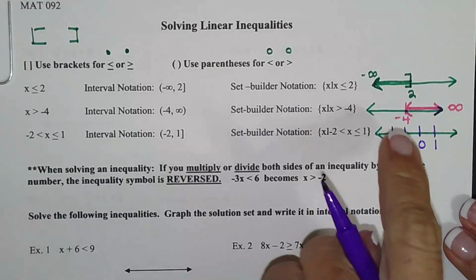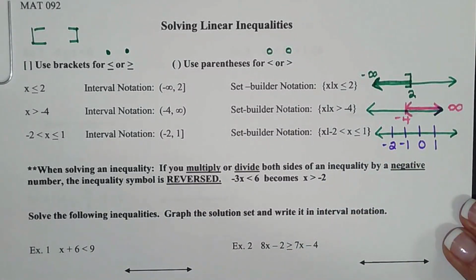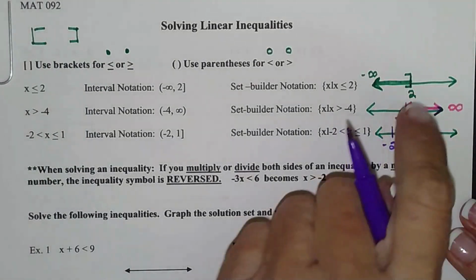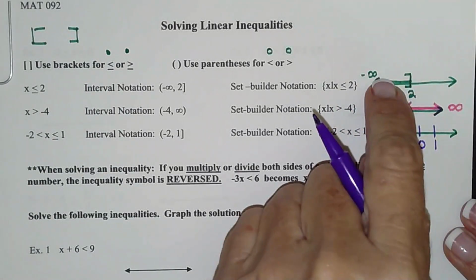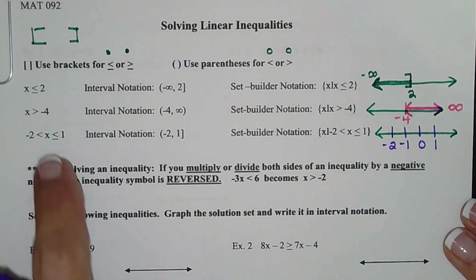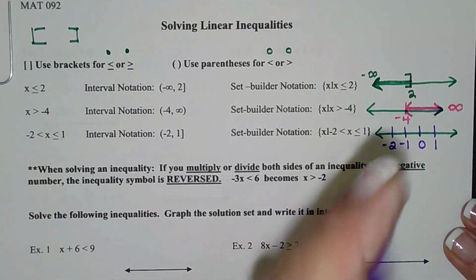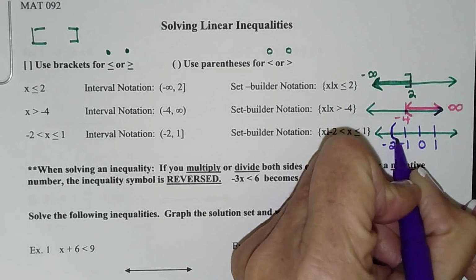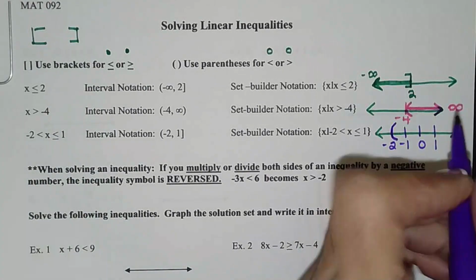You just have to place your parentheses in and then click in the middle to shade it. Here you'd place your parenthesis and click on the right for it to shade it. Place your bracket, click on the left to shade it that direction. So -2 will get a parenthesis because there's no equal sign. And 1 will get a bracket because there's an equal sign.